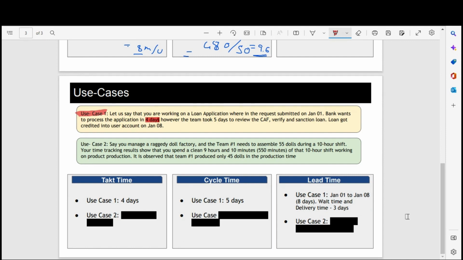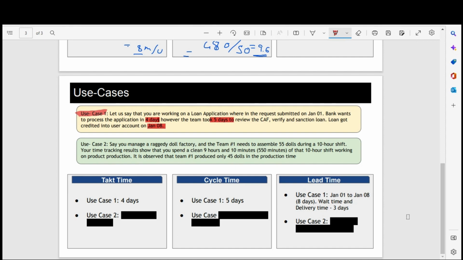However, the team took 5 days to complete the review, and the loan got created on January 8. So as per the definition of takt time, the TAT given to produce one unit is 4 days. So the takt time is 4 days here. But in reality, the production team has taken 5 days to produce one unit.